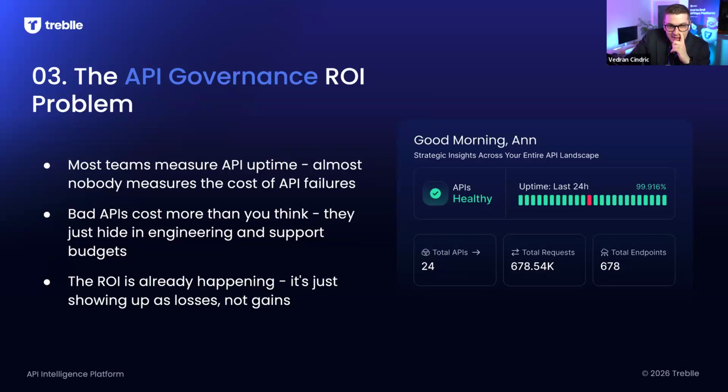But let's talk about why, besides the effect that people have when they're talking about governance, another aspect that we've been dealing with, to be perfectly honest, in every org that we work with, is the ROI situation.